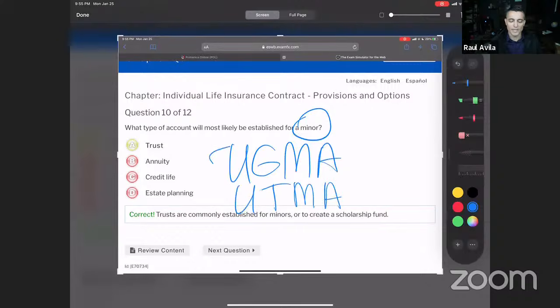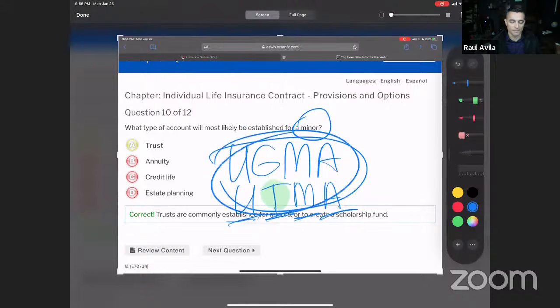Okay? This is not going to be on the test, but this is how you could remember this. You see this little T right here? This stands for Uniform Trust to Minors Act. These two things are the same thing, okay? It's a minor account. But right here it says trust, and there it is. Trust. Okay? So hopefully that one helps right there.